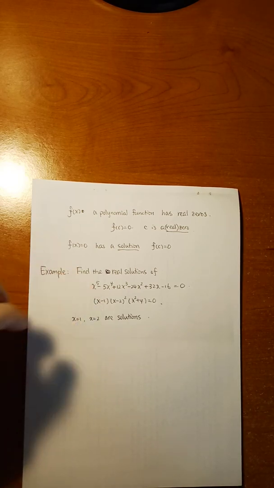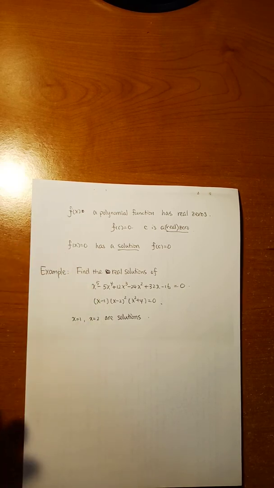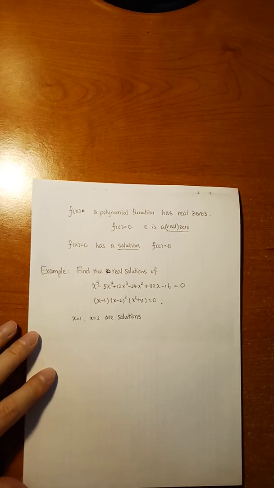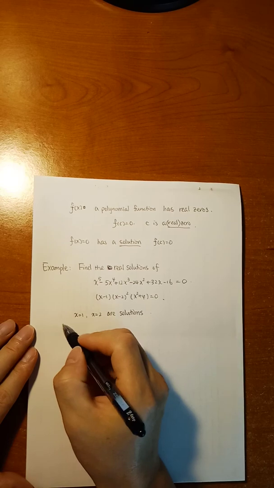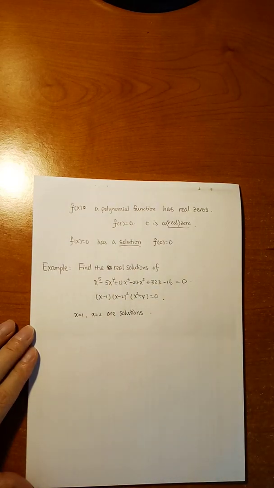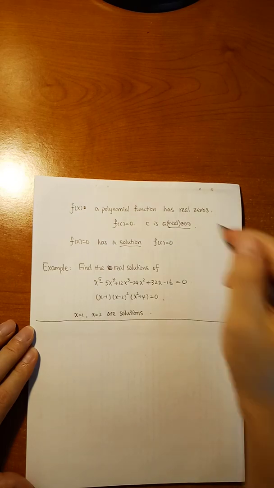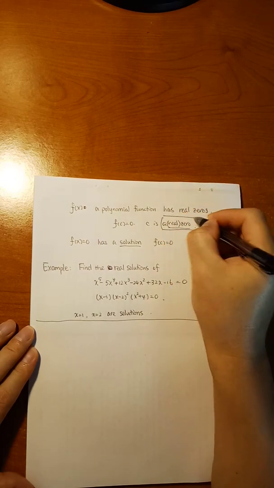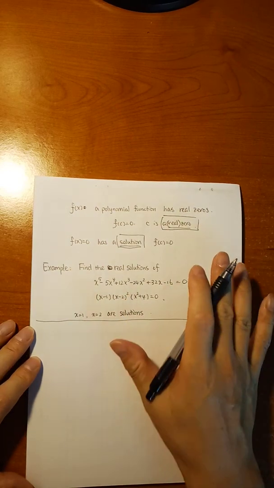If your polynomial has a higher degree, it possibly will take a long time. So this is just a different name: a real zero, a real solution. You do the same job.